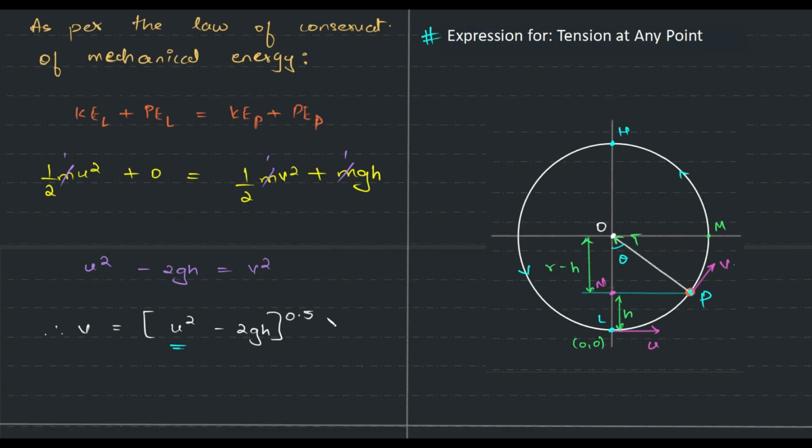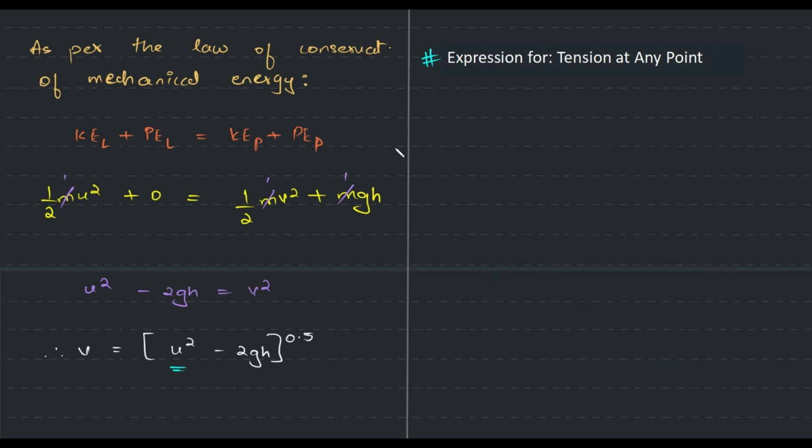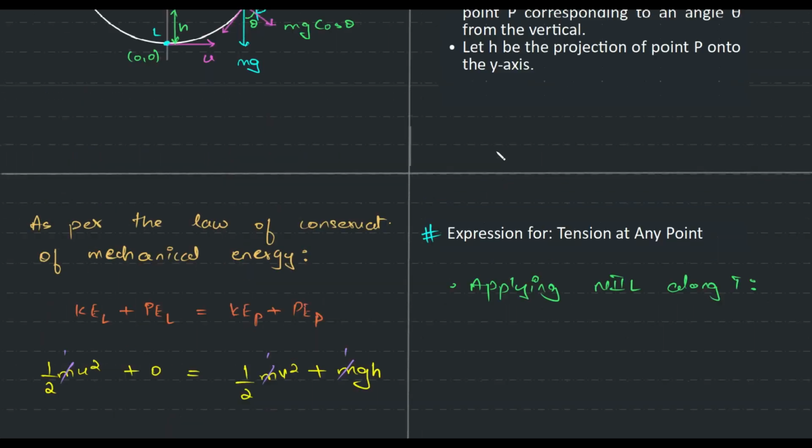Now, the expression for tension at any point. How do you do this? Tension at any point. Since we're looking at force, we need to apply Newton's second law along T. T is this length.